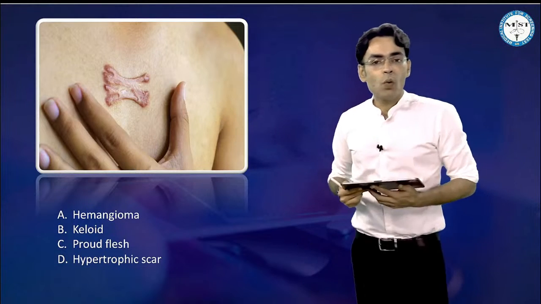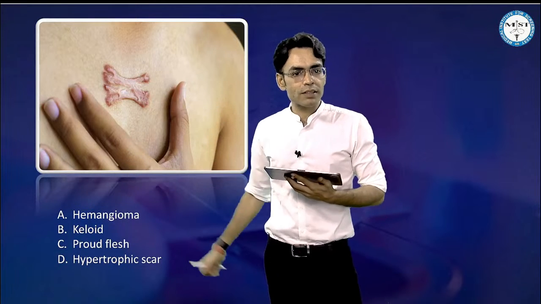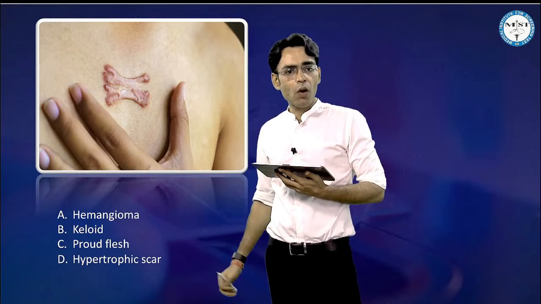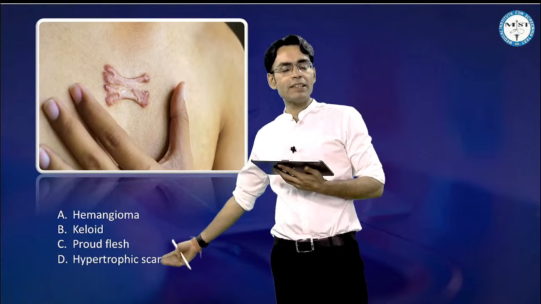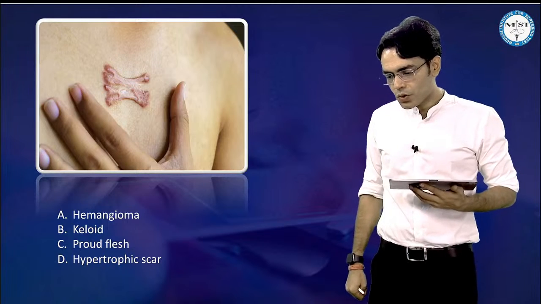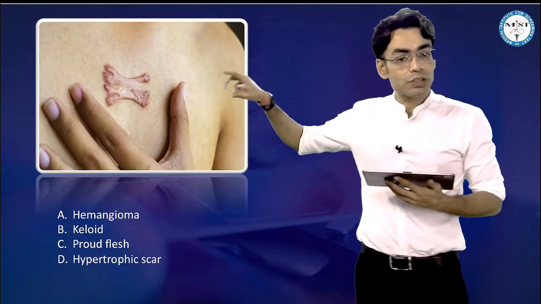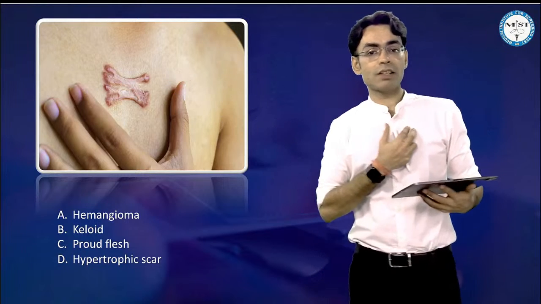So, what is it? Is it a tumor of the vessel, the hemangioma, or is it a keloid, or is it a proud flesh, or is it a hypertrophic scar? I'm waiting for the answer for this question. First thing, try to see the site. It is somewhere here.